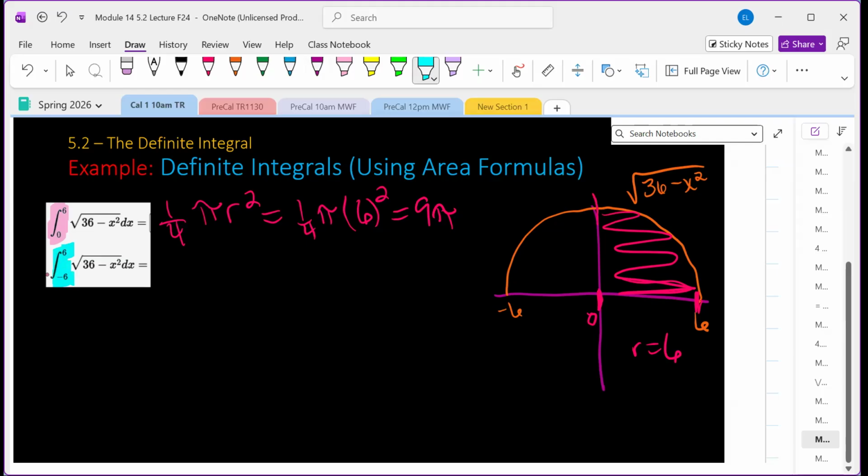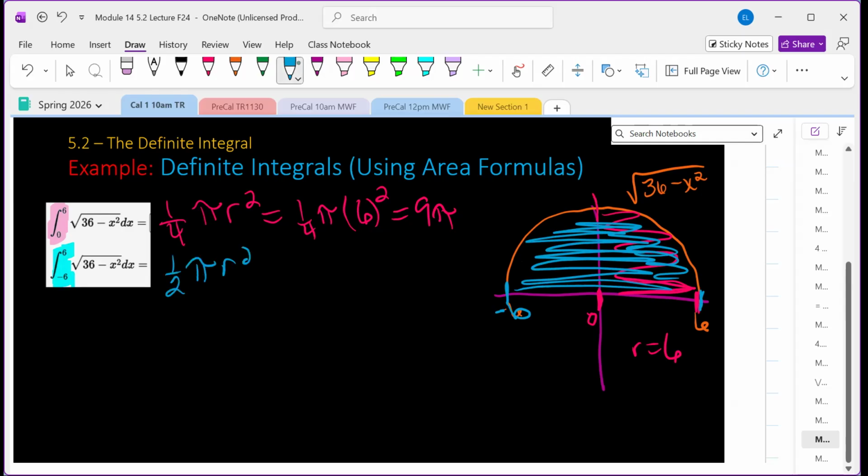Now, when I stretch the bounds to go from -6 to 6, that's all the way over here at -6 on the x-axis, all the way to +6. So that ends up being all of the area under the curve, which is just half of a circle.